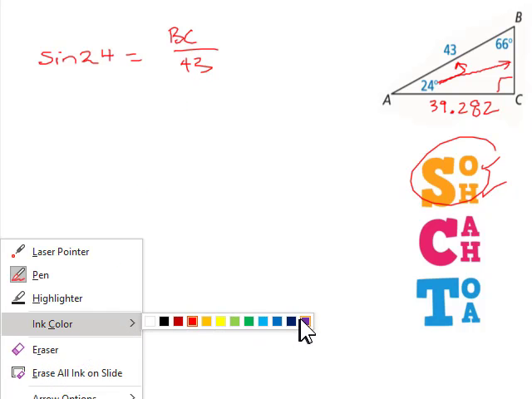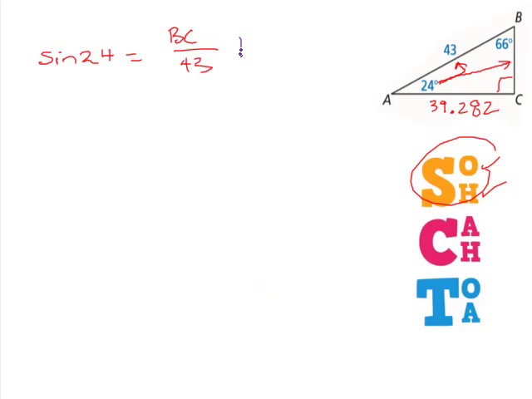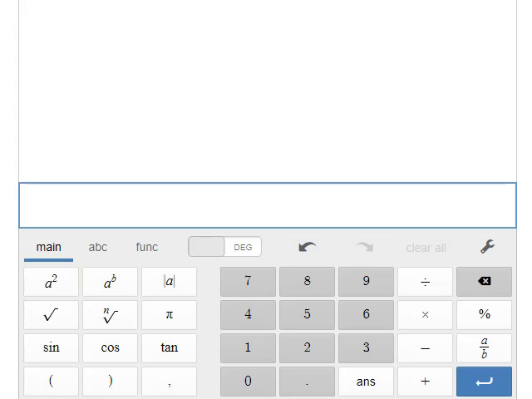And this will be solved exactly like the last one. Let's multiply both sides by 43. That side will cancel. Use the symmetric property to put BC on the left-hand side. And then we're going to approximate that. BC is approximately 43 times the sine of 24.